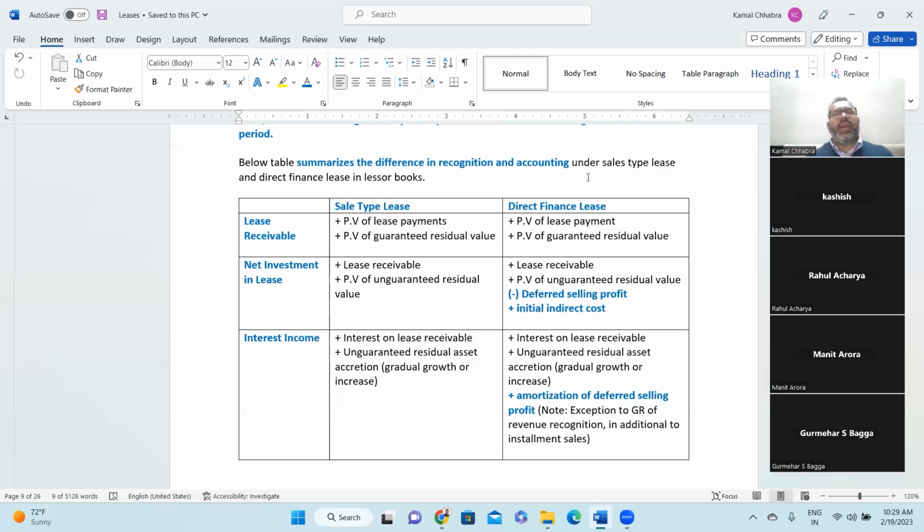Let's assume you have estimated the car may have a fair market value after the 5 years of $15,000, right? So the unguaranteed residual value would be $5,000 additional.